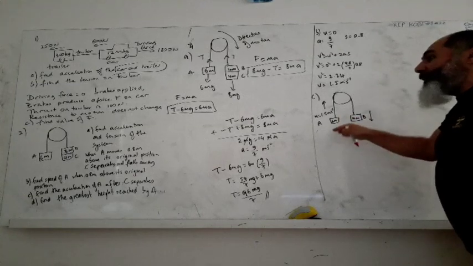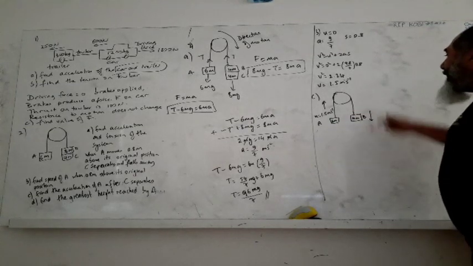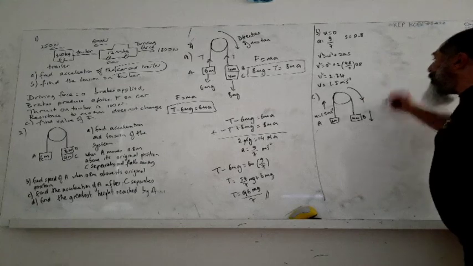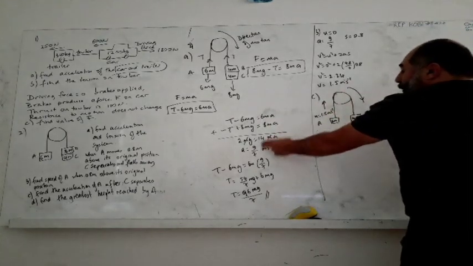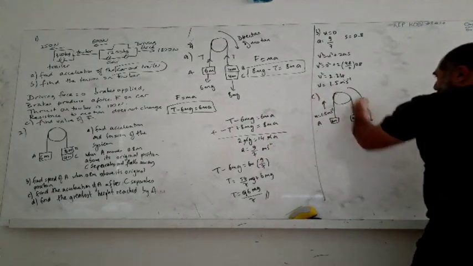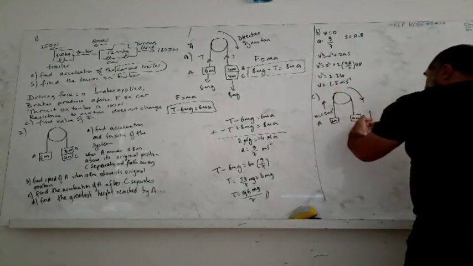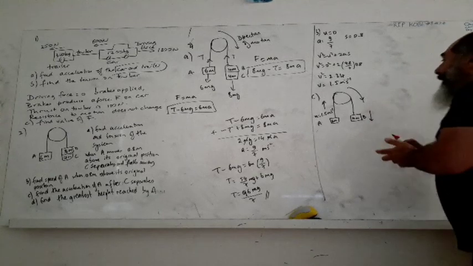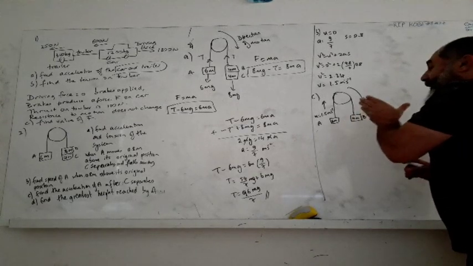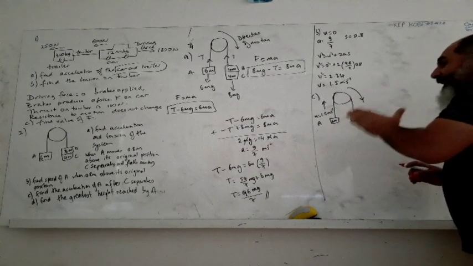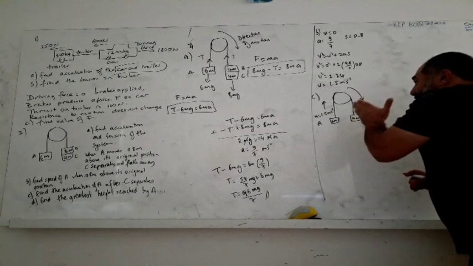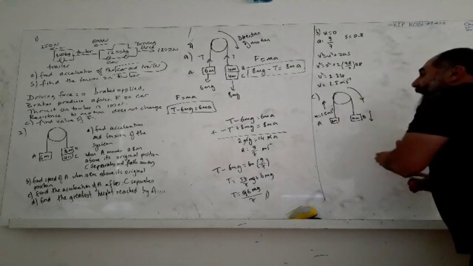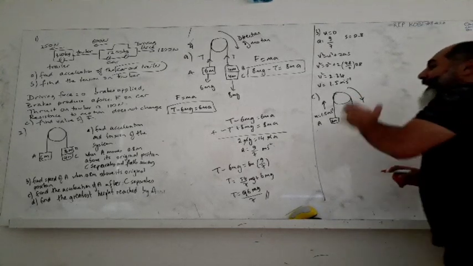But still, this is the direction of motion because the acceleration was g over 7 in that direction, in the clockwise direction. So the acceleration is going to change. It is going to have a negative value, but still A moves up, B moves down because it has an initial speed from the previous condition.